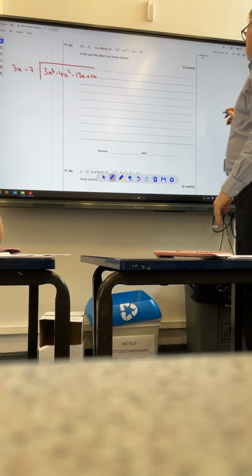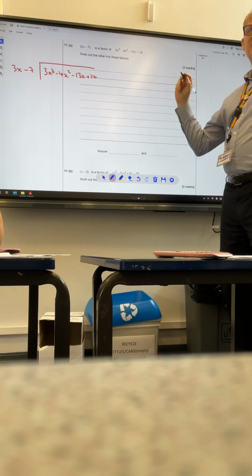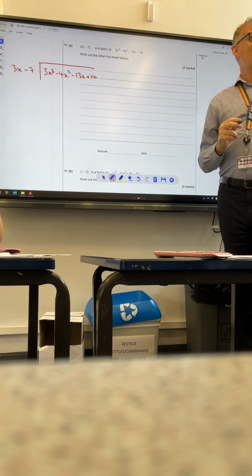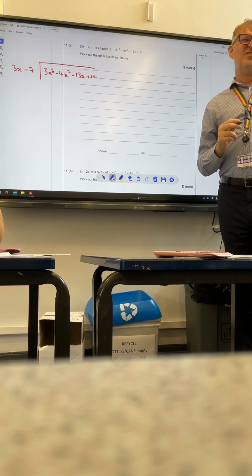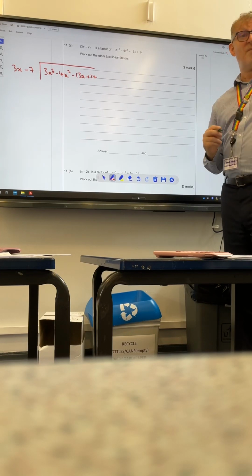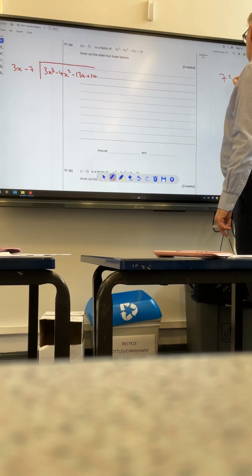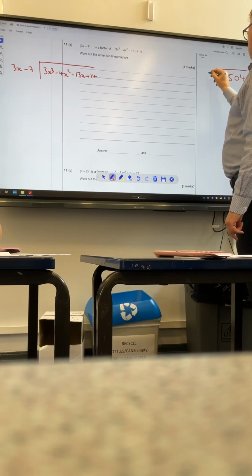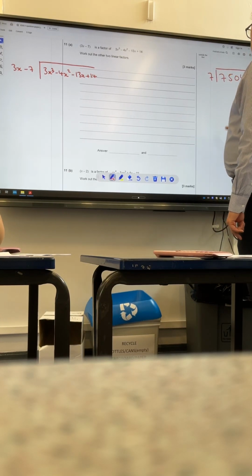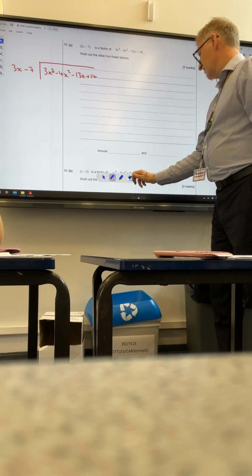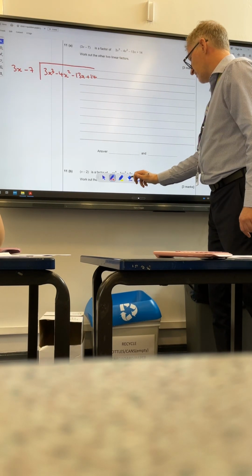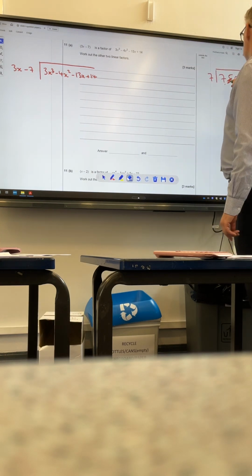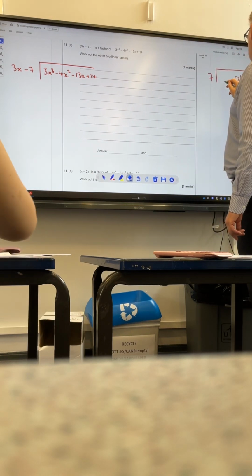Let's do something simple, like 7 into something large. 7,504. Actually, no. Let's make that 8,900, just because it'll make it easier to see what's going on.